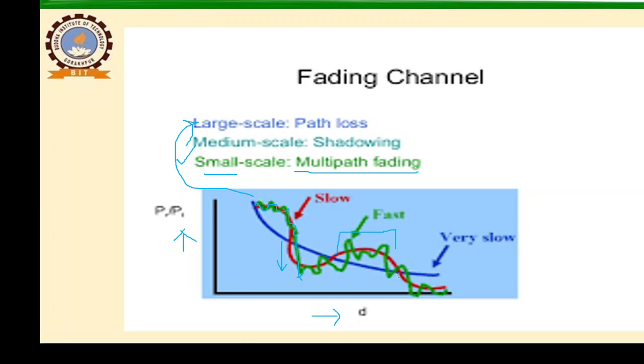And there is also a deep fade, a very slow fading, which also occurs during the transmission of your signals in wireless communication.